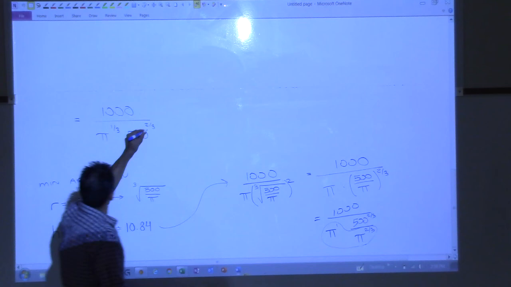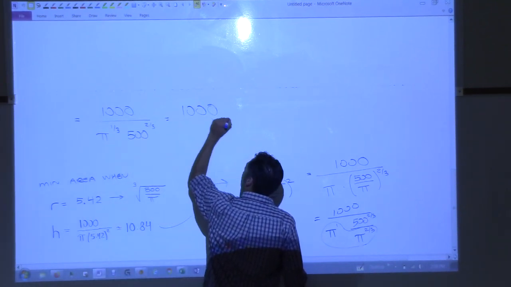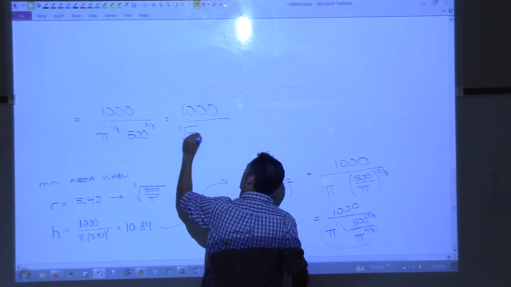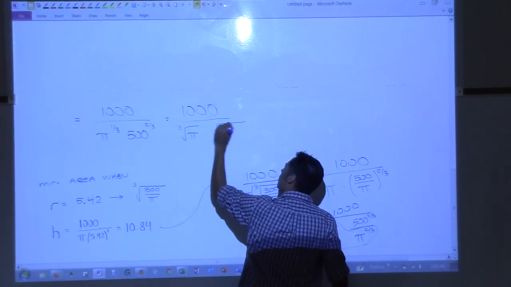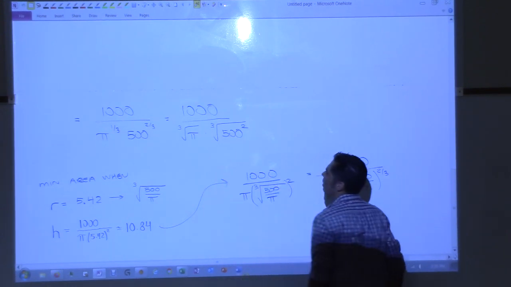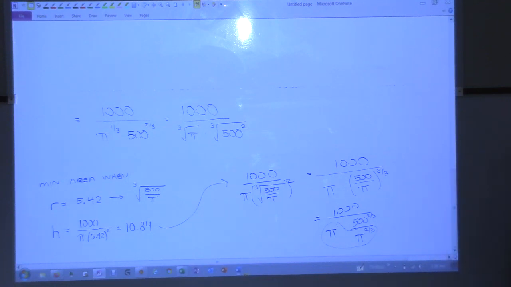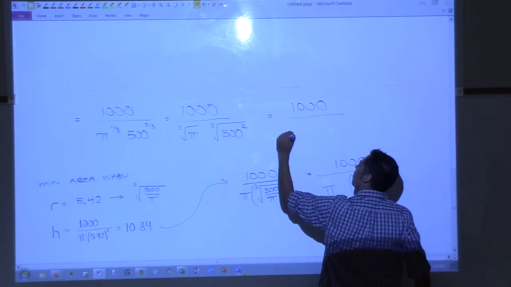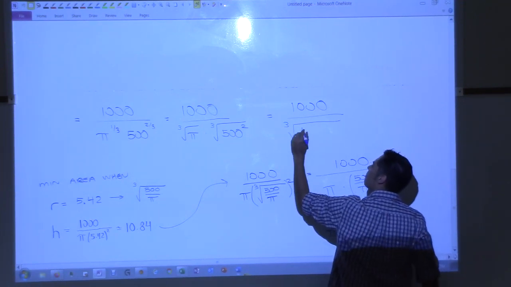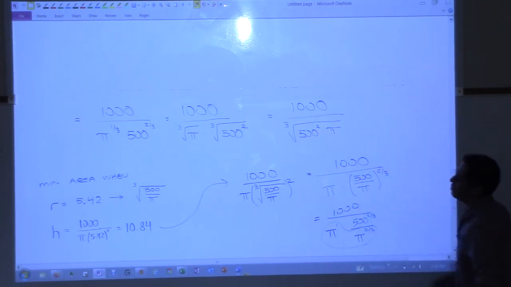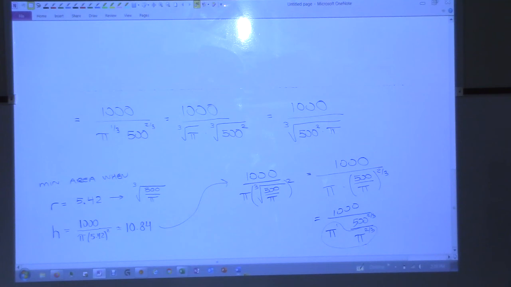Let me do it this way. 1,000 over the cube root of pi, and then times the cube root of 500 squared, like that. Is that the same thing? Okay, so this is 1,000 over the cube root of 500 squared times pi. I just put them both underneath. Yes?